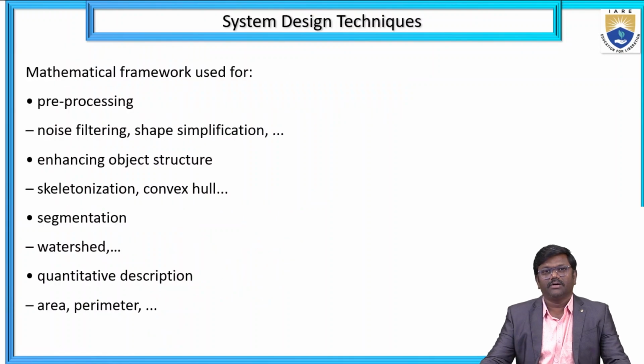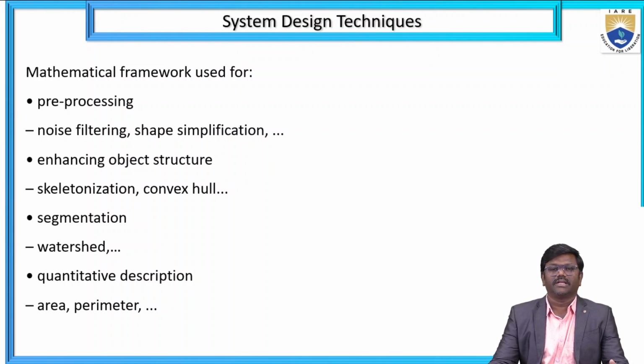Coming to the mathematical framework, one of the main points is pre-processing. Under pre-processing, the framework covers noise filtering, shape simplification, and enhancing object structure, skeletonization, convex hull.